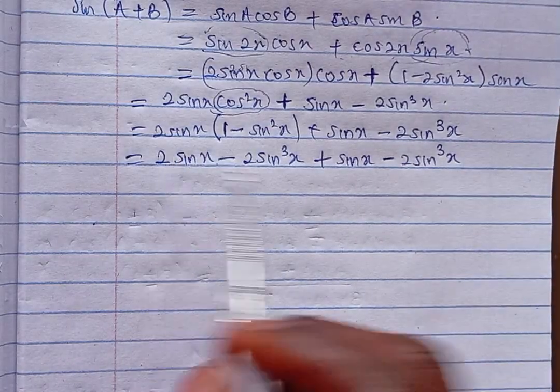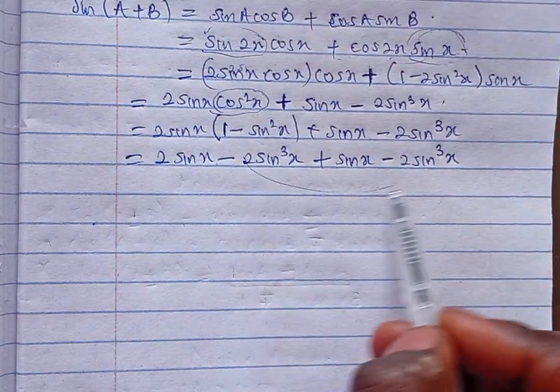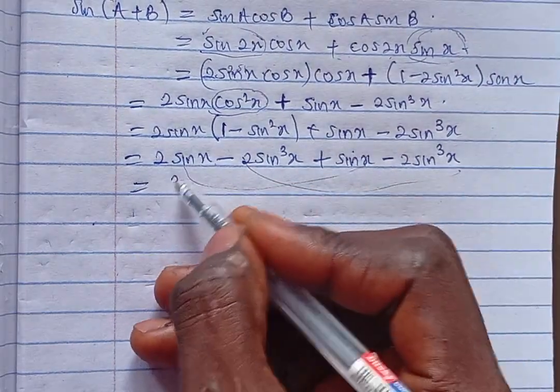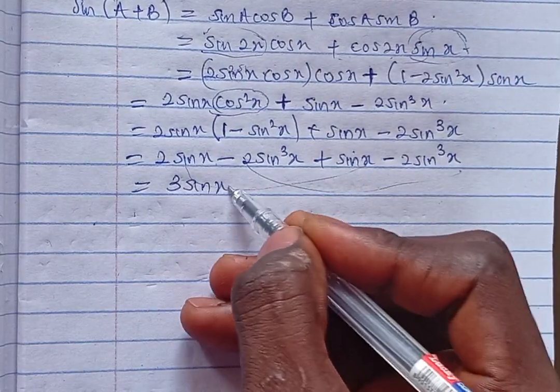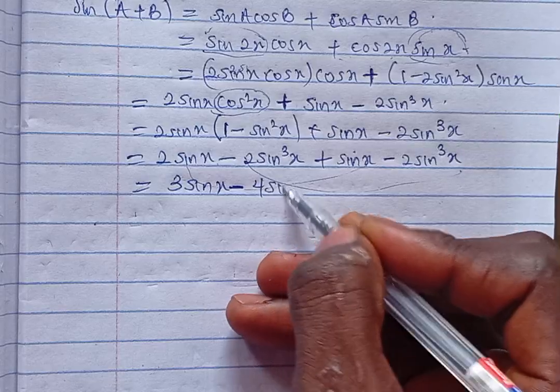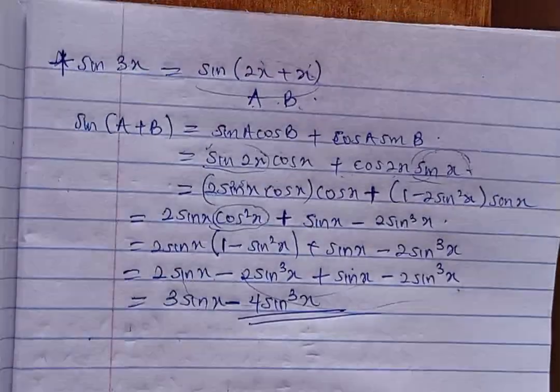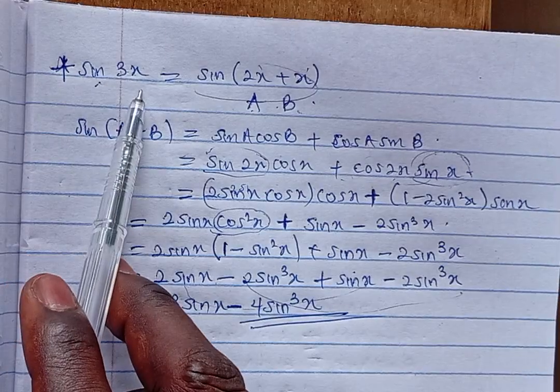Now you can collect the like terms. So this one plus this one will give you 3 sine x minus 4 sine cube x. So that's the final solution for sine 3x.